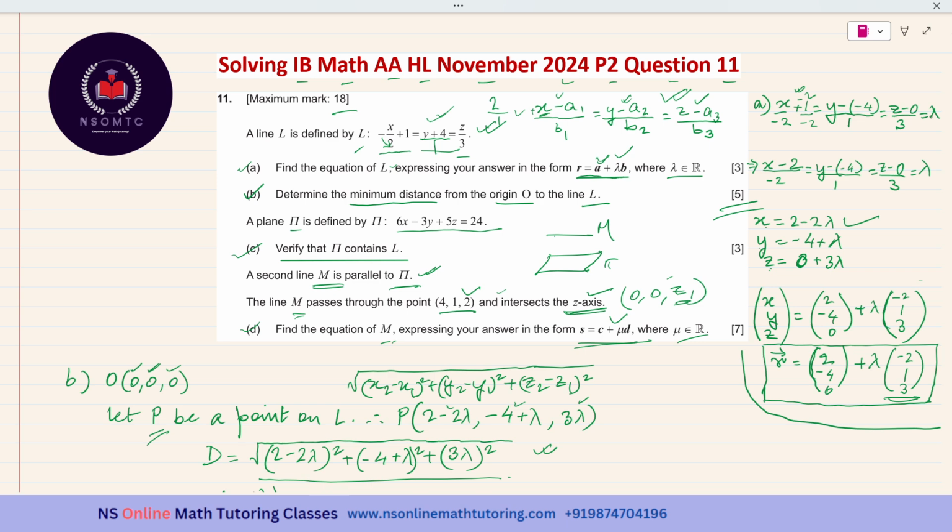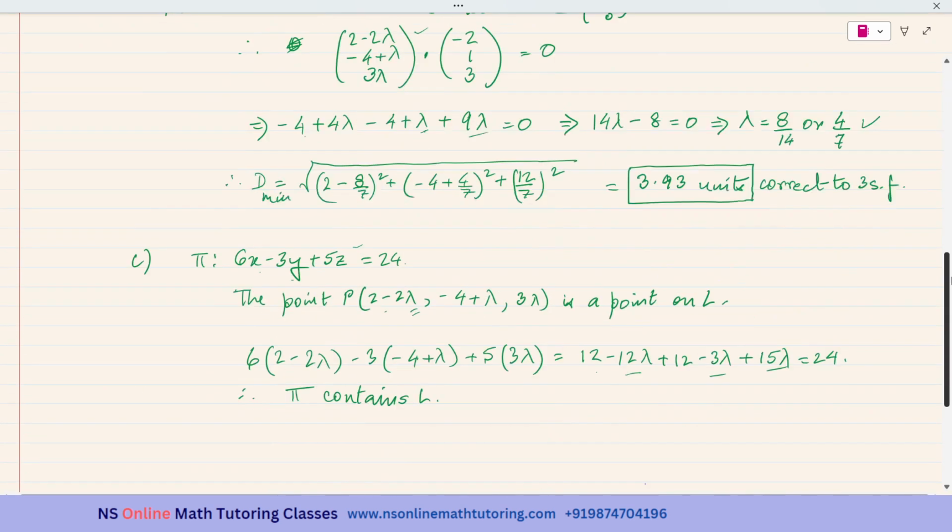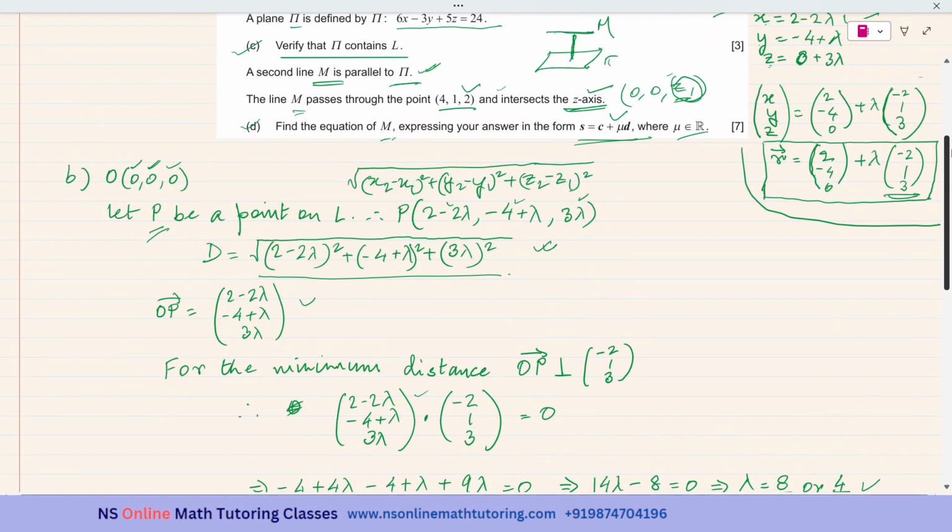Therefore, the normal vector to the plane pi will be normal to the line M also. So the scalar product of this normal vector and the direction vector of line M will be equal to 0. From there we can get the value of Z1. So the point is 4, 1, 2.